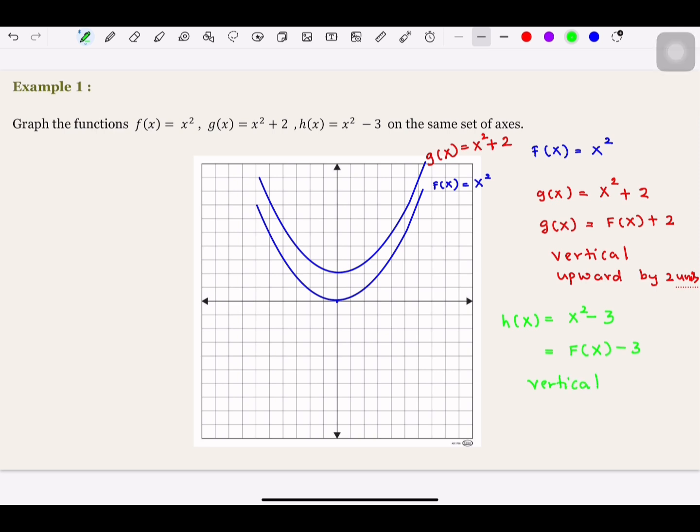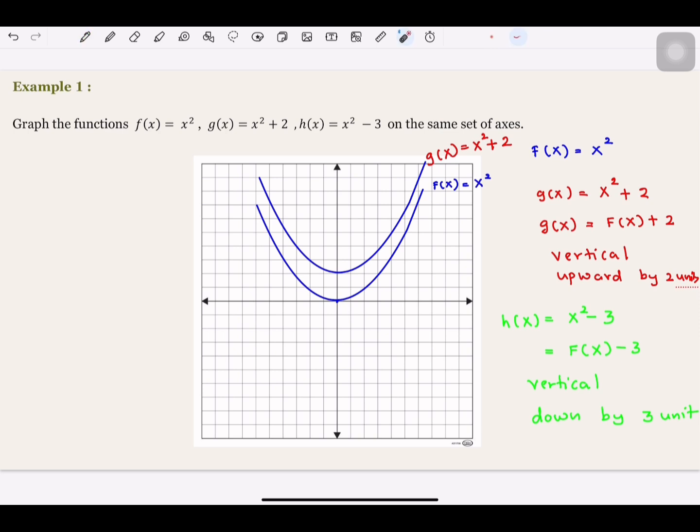And since this is subtract, this is minus. So this is going to be a downward shift by how many units? It's going to be 3 units because the c is 3.